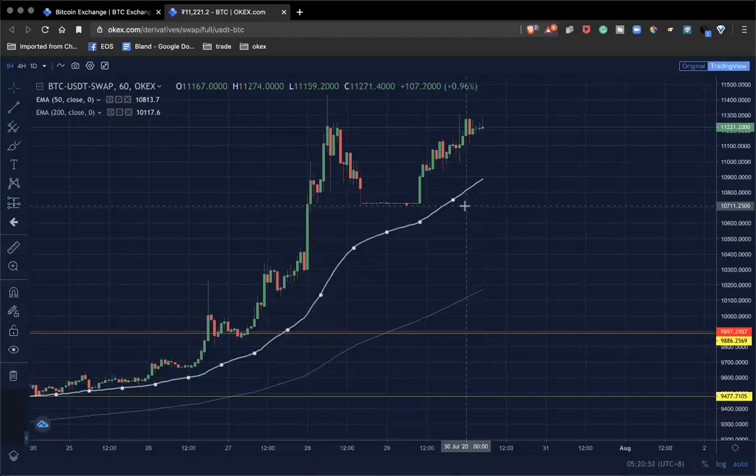Because there are only two things that can happen in any given market. Price can only go up or go down. So your job as a trader is to figure out where the price is going to go and trade in that direction. If the price is going up, you want to place a buy order. If the price is going down, you want to place a sell order.